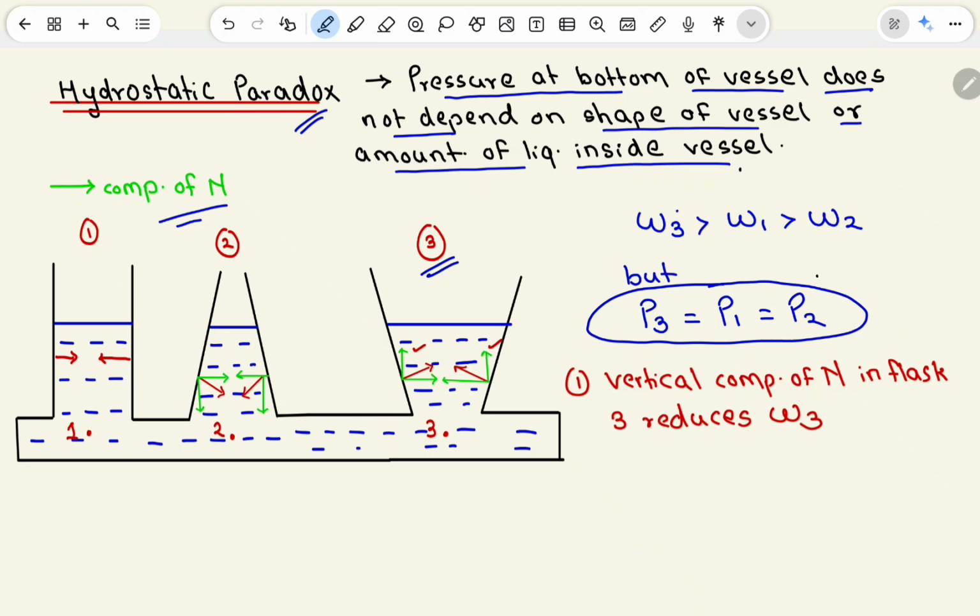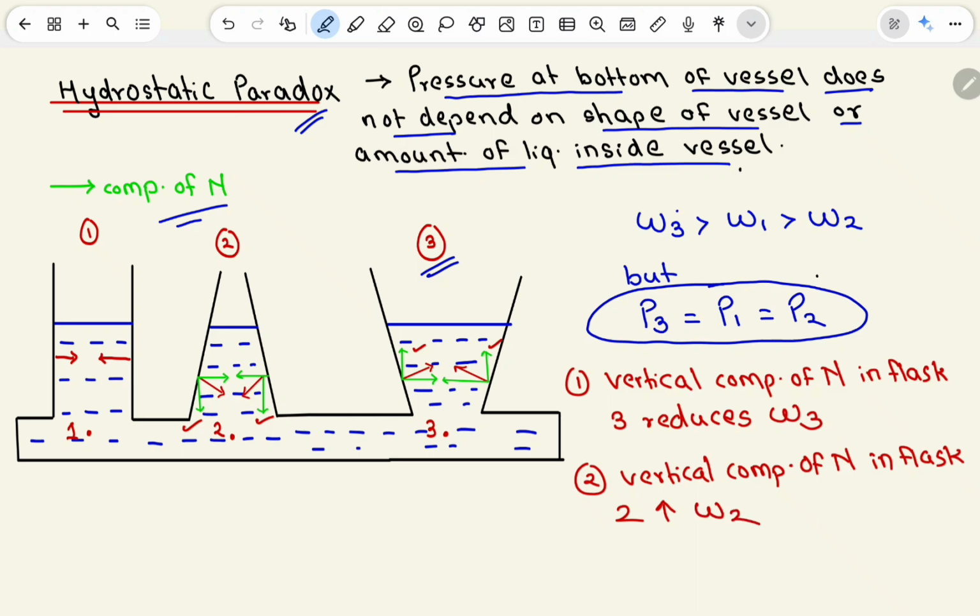Now, let's see what is happening in flask 2. In flask 2, the normal reaction, we can see that the horizontal components again cancel each other, but now the vertical components are in the downward direction. And therefore, these vertical components of the normal reaction are now increasing W2. So the vertical component of normal reaction in flask 2 increases W2.